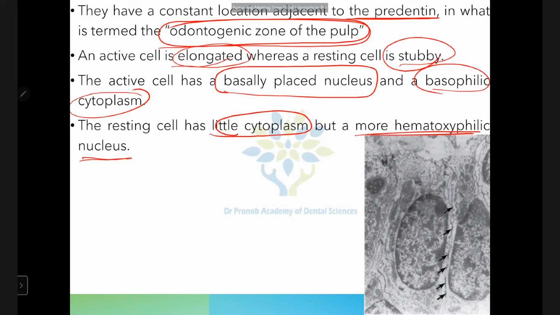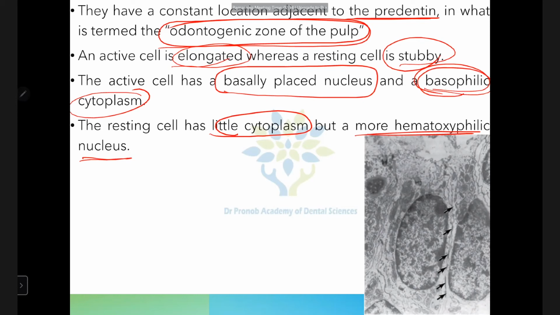So here we are talking about the differentiation between the active cells and the resting cells. The active cells are elongated, the resting cell is stubby. The active cell has a basally placed nucleus and the resting cell has a hematoxyphilic nucleus. The active cell has basophilic cytoplasm, whereas the resting cell has little cytoplasm.